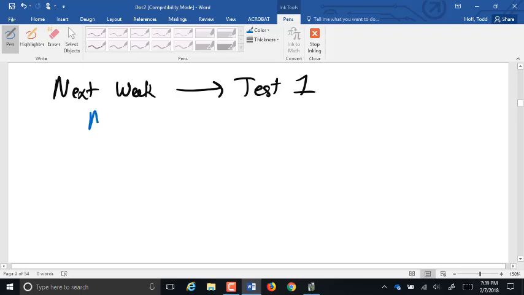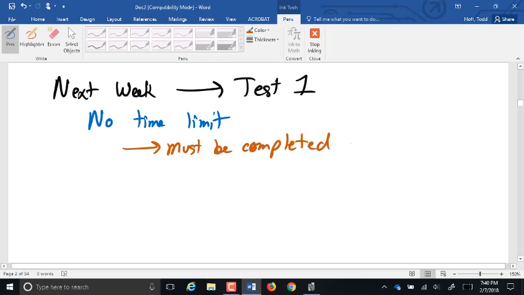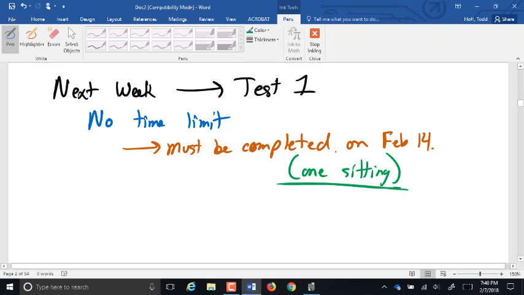There is no time limit, but it must be completed, unless other arrangements are made, on February 14th. It must be done in one sitting.